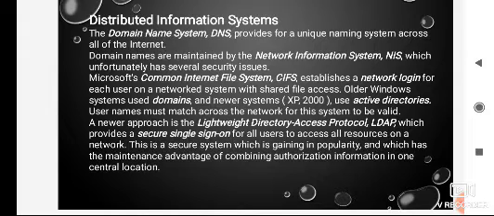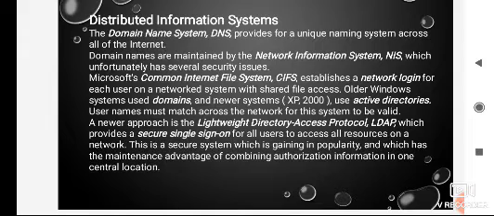The Microsoft Common Internet File System establishes a network login for each user on a network system with shared file access. Older Windows systems use domains, and newer systems, XP and 2000, use active directories. Usernames must match across the network for this system to be valid.